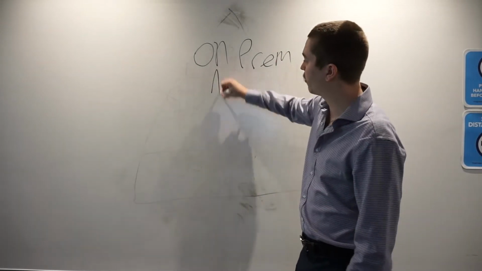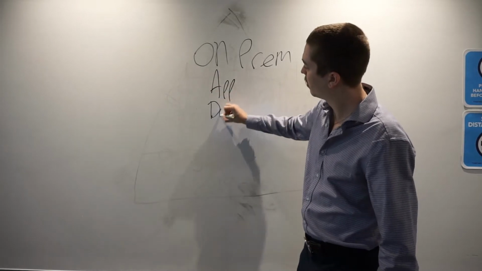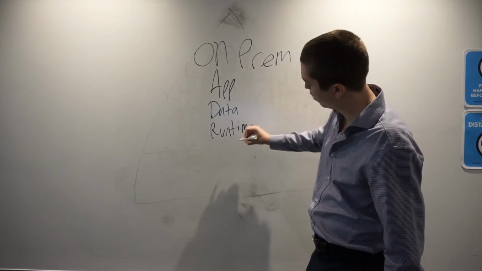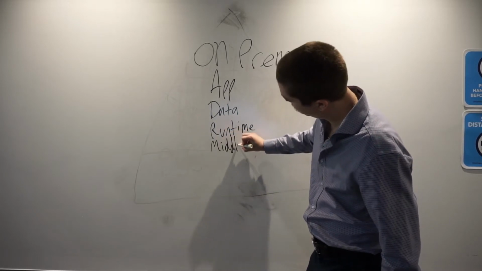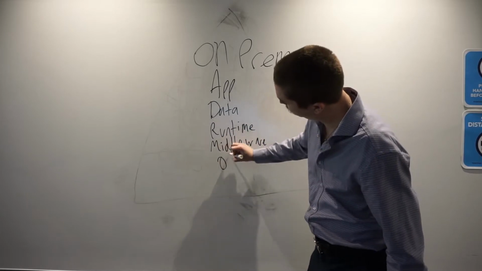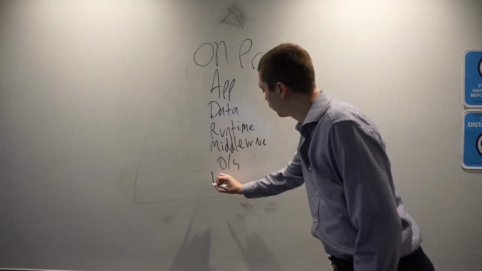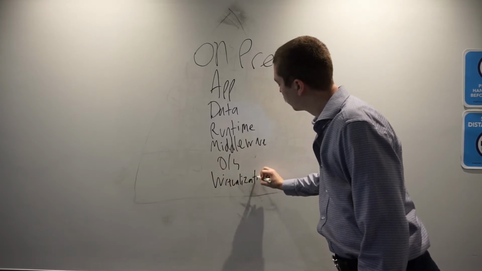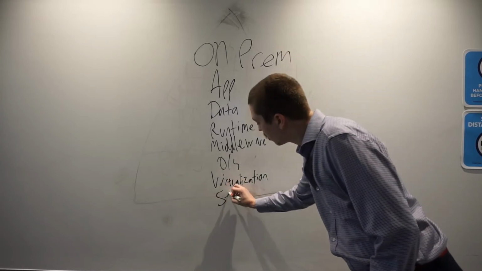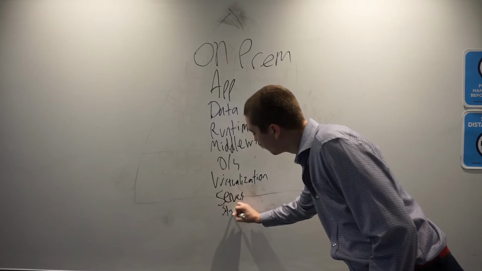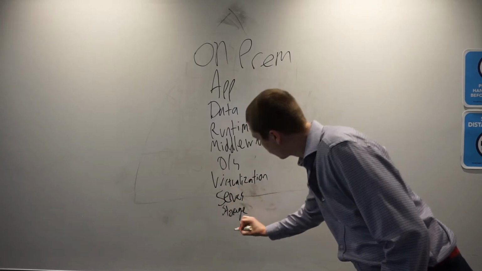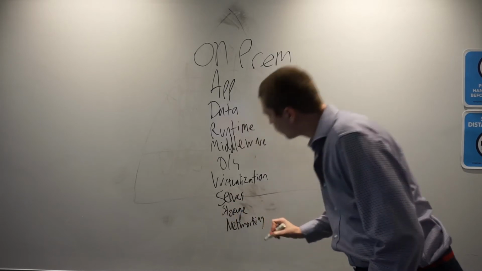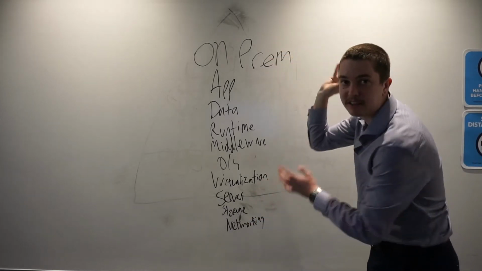That means that all of your applications, all of your data, your runtime, your middleware, your operating systems, your virtualization, your servers, your storage, and your networking, all of this stuff is right in-house.